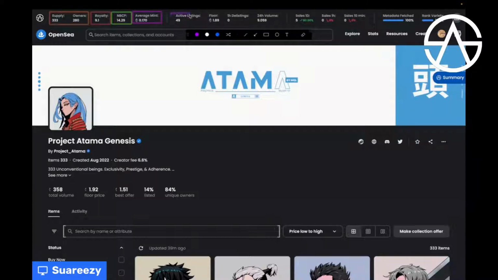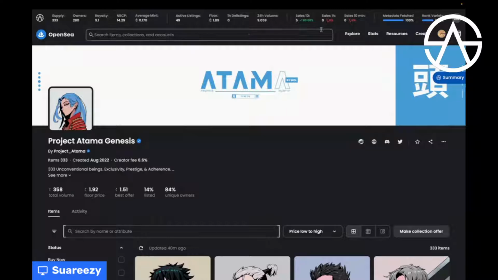The next thing is active listings, and this one is a very solid metric. I like to coincide it with actual supply, because we know the total supply is set and is not going to change. The thing that is going to change is the circulating supply, which is our active listings.